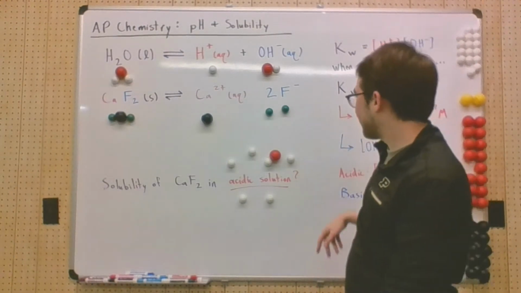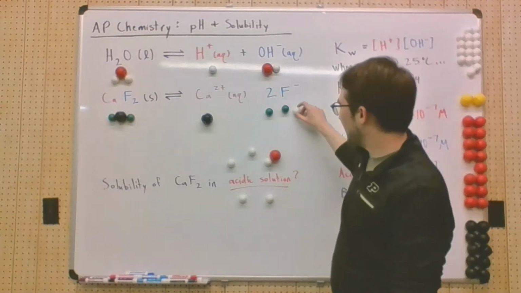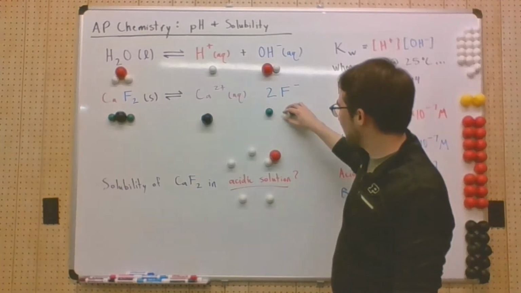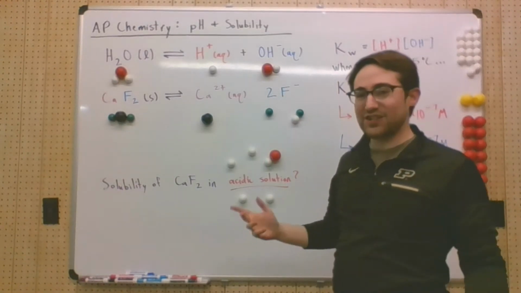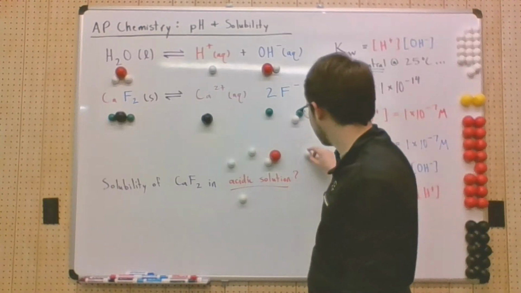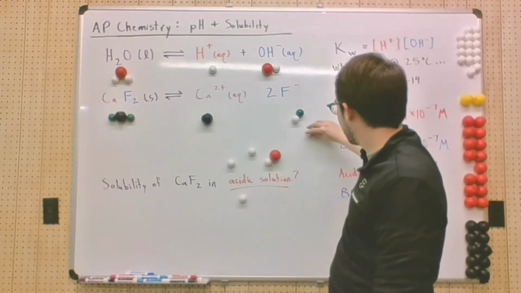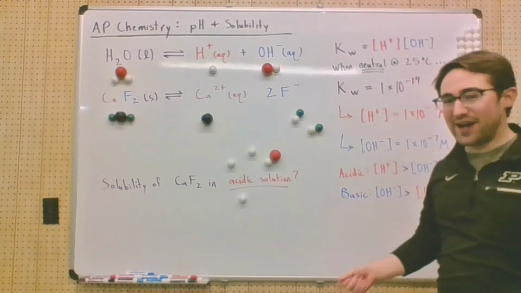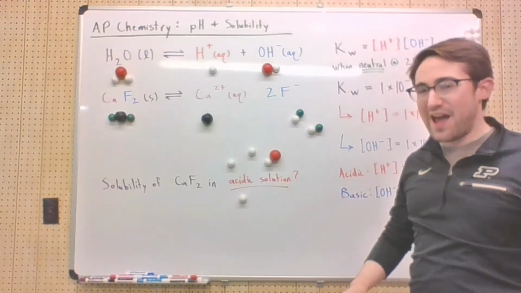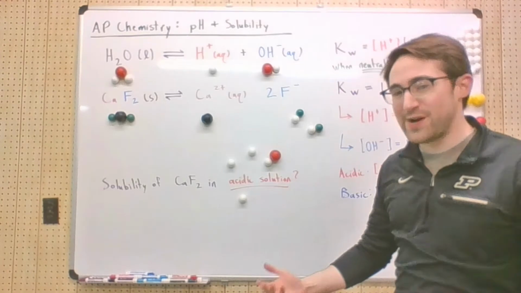My H pluses are going to start wandering around these F minuses and start to make HF. So we no longer have F minus floating around in the solution. We have used them up in a separate reaction.